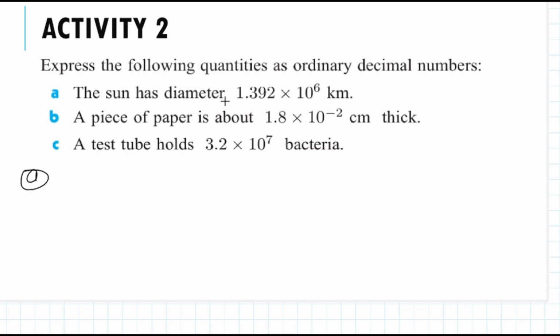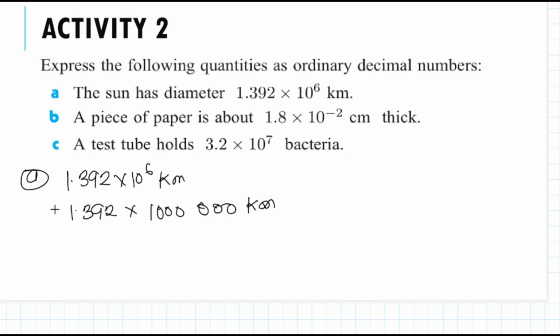The sun has a diameter of 1.392 times 10 raised to the power 6 kilometers. Okay, so all we are going to do is to multiply this number by that. So that would be 1.392, and 10 raised to the power 6 is 1 million, right? Kilometers. And then we multiply. So when you cancel zeros, 1 2 3, the decimal point moves forward, 1 2 3.